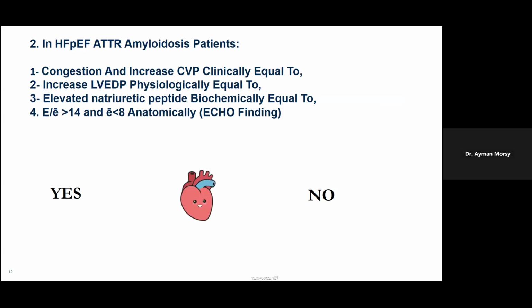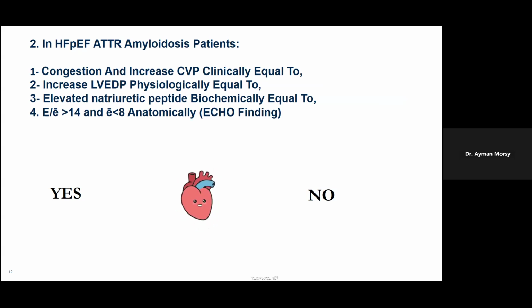Second thing, in heart failure with preserved function, ATTR amyloid patients are always like this clinically, physiologically, biochemically and anatomically.